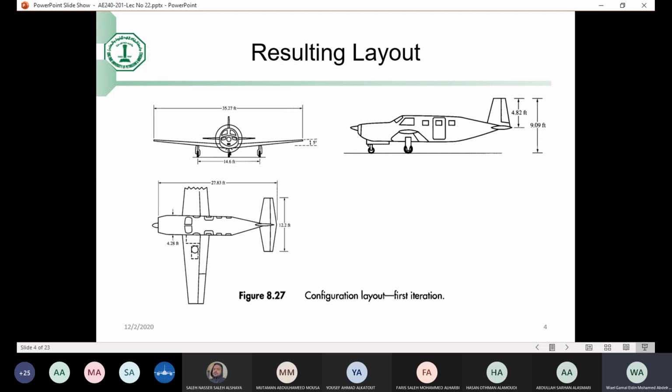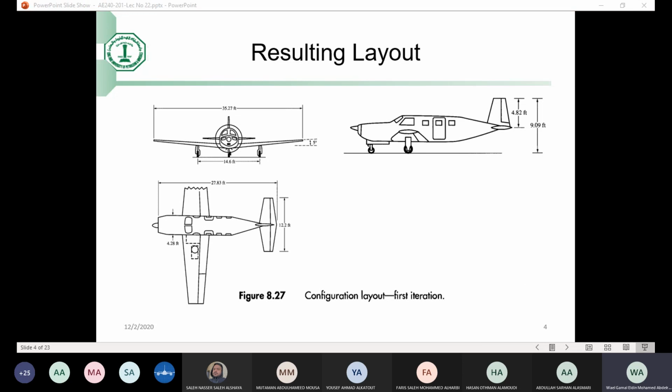Now, these days, the easiest way, of course, is to draw the aircraft on SolidWorks, any 3D modeling tool. So draw it on SolidWorks, and it will give you directly the external surface area. But if I don't know how to draw it in SolidWorks, or if I'm in a quiz or doing a homework and I'm not going to draw the whole aircraft just to get the area, there are other ways to estimate the external surface area.